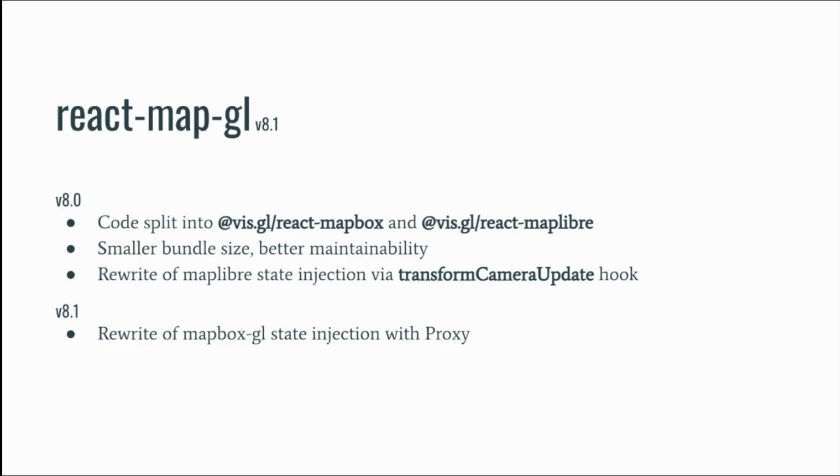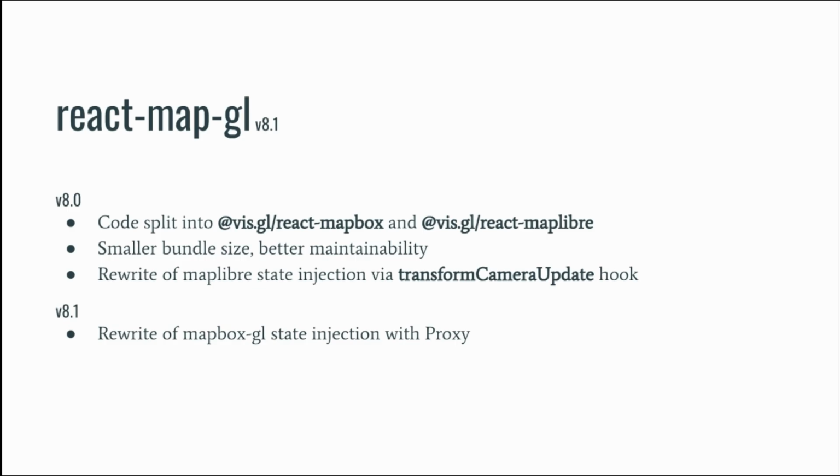There was a lot of plumbing just to try to share common code between the support for both libraries. And MapLibre eventually added some hooks for us to be able to do the reactive camera state control. And we decided it was time to just split the code base and have dedicated code for each one.